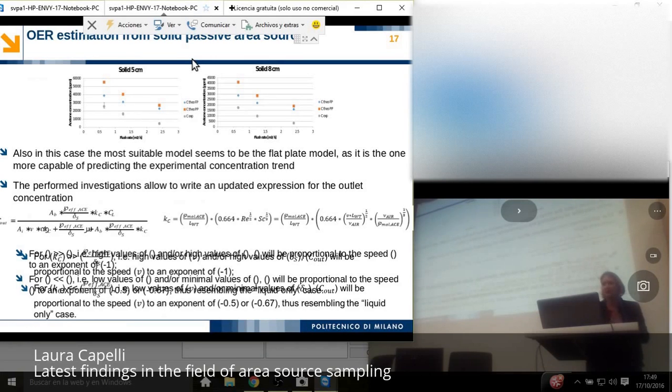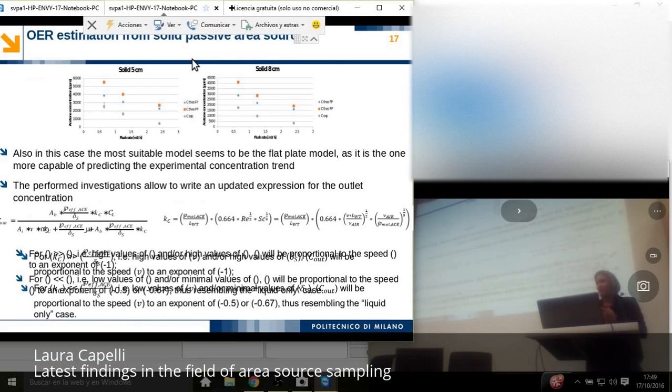So it is not influenced by the air velocity, which is already a very interesting consideration. This is the case when the diffusion inside the solid is so slow that you have a sort of drying out of the solid surface.